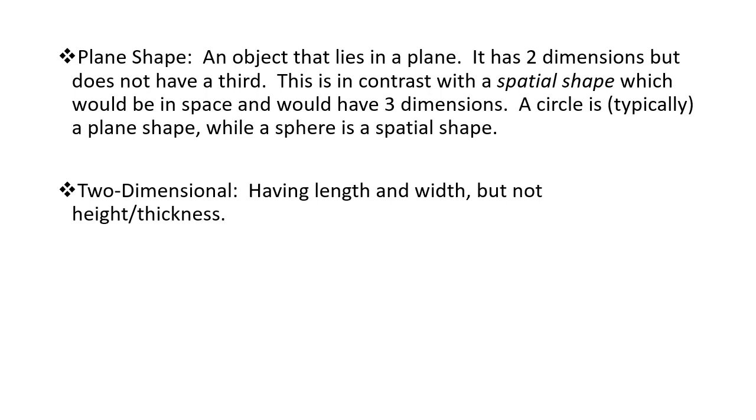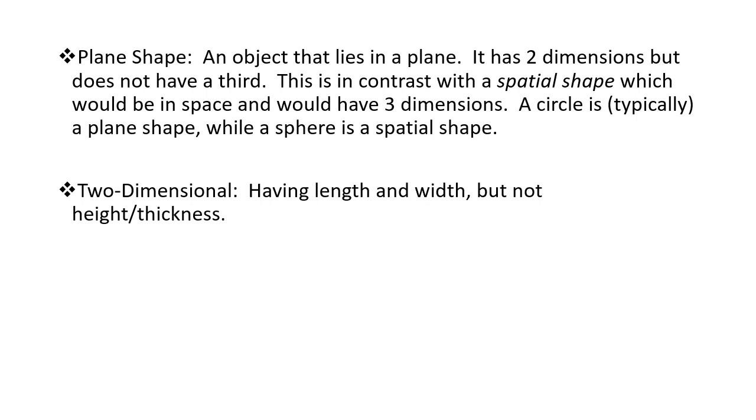Now, I put typically there because remember, a circle could still exist in a space. So a circle could still be in three dimensions, but a sphere is a spatial shape. It's in three dimensions, but we couldn't really put it into two dimensions. So, yeah, the contrast between these.